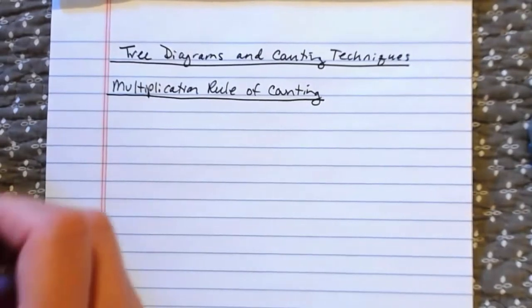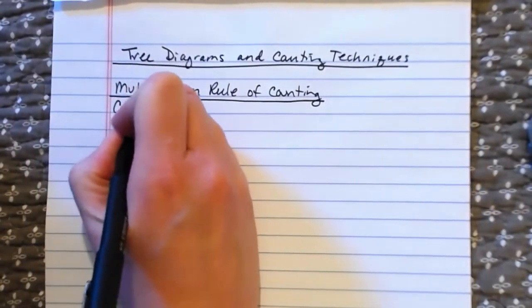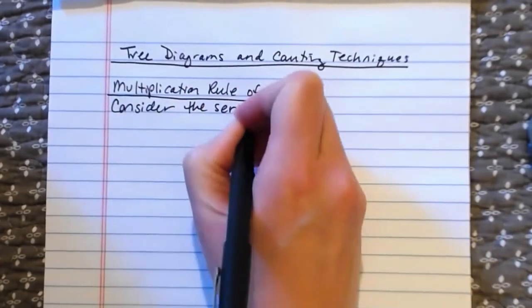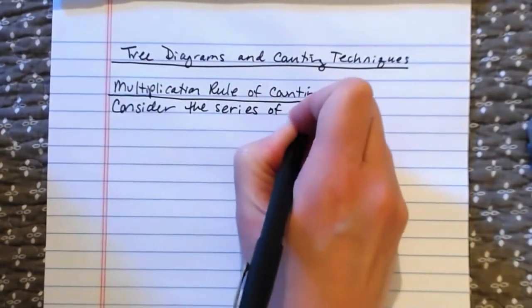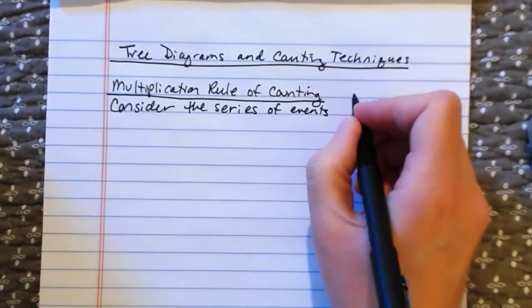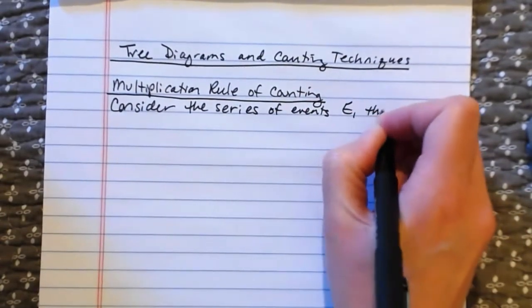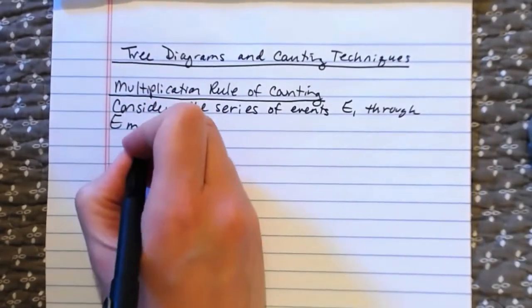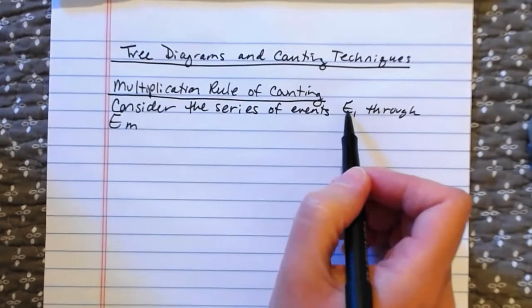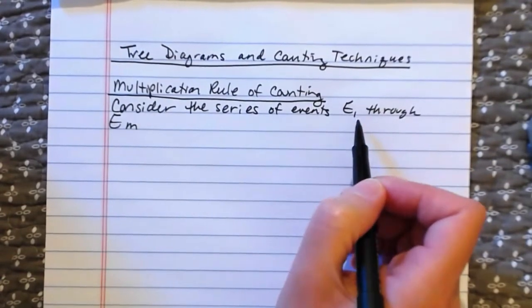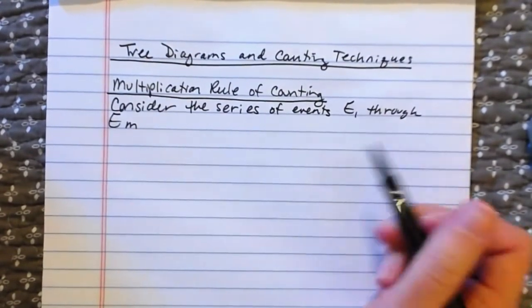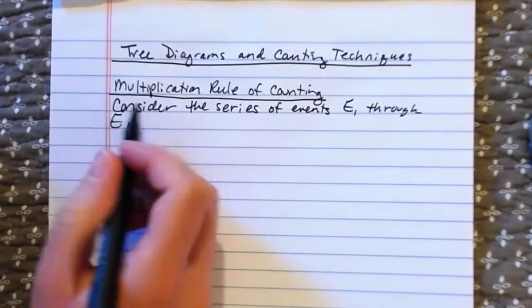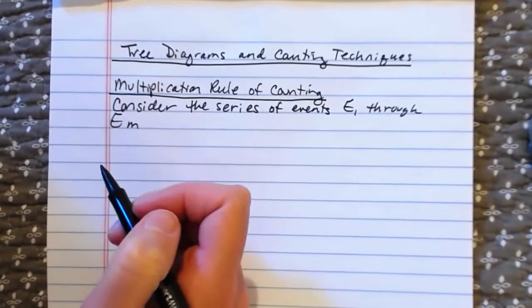And the multiplication rule of counting says to consider the series of events E sub 1 through E sub m. So basically we've got a series of events, event number 1, then we could have E sub 2 representing event number 2, E sub 3, event number 3, all the way through E sub m. If we had 50 events, this would be E sub 50.